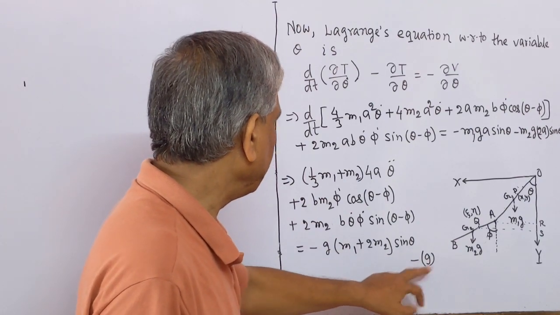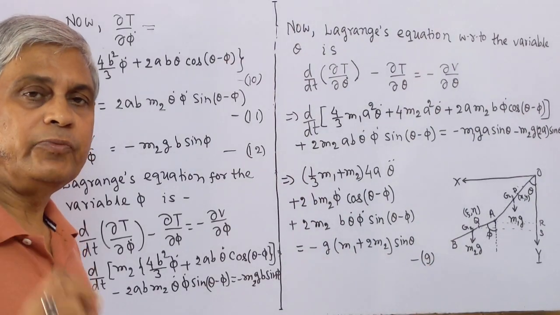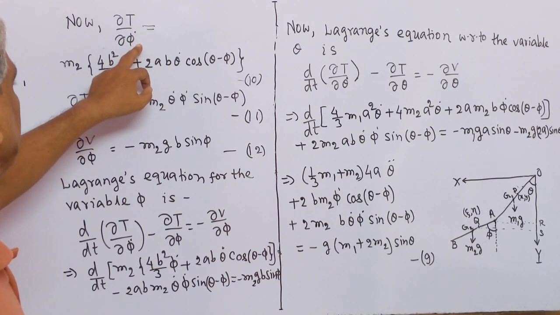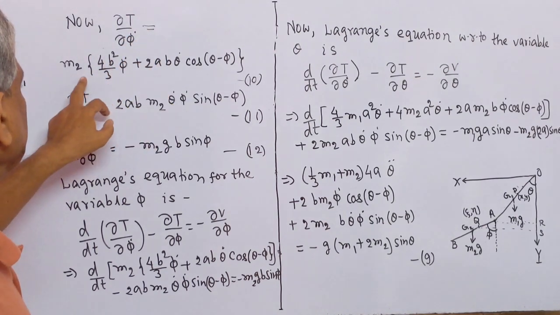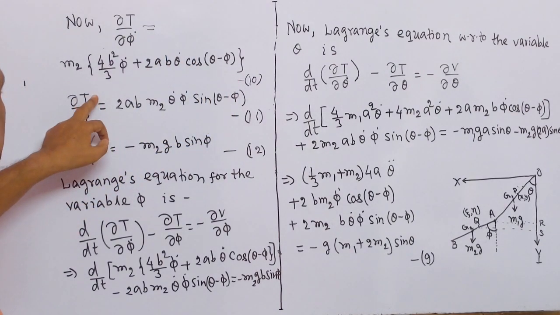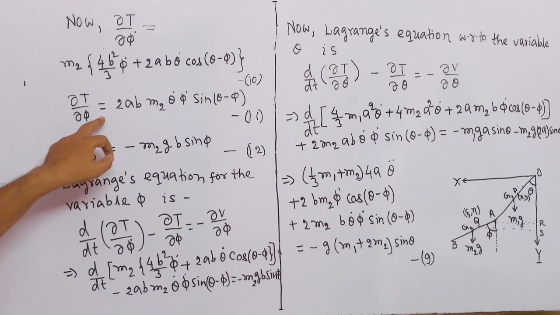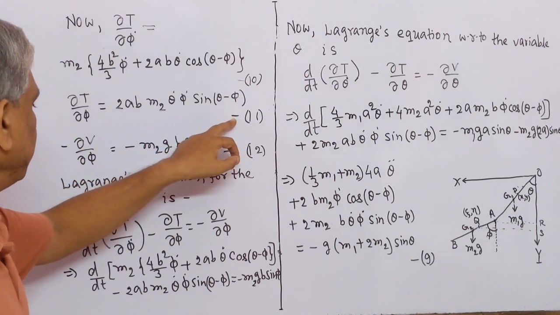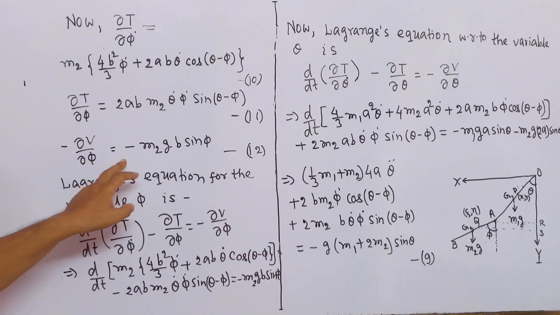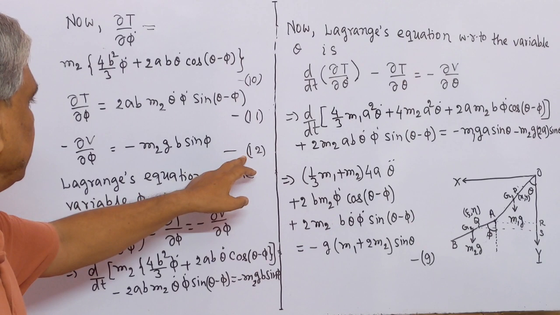Now we find the partial derivative of T with respect to phi dot, and this is equal to equation number 10. We find the partial derivative of T with respect to phi, we get equation 11. We find the negative of the partial derivative of V with respect to phi, we get equation 12.